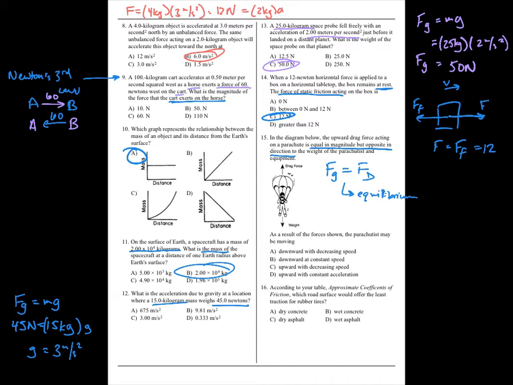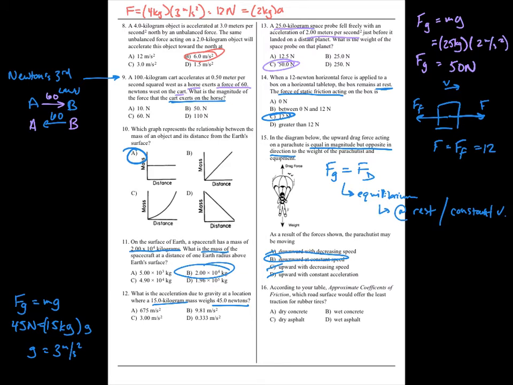So now that we're in equilibrium, that means we could either be at rest or at constant velocity. If you've ever gone skydiving, you're obviously going to be moving downward, and you're not going to slow down. You're going to be moving at a constant speed because these two forces are equal and opposite. So it balances out to be in equilibrium.